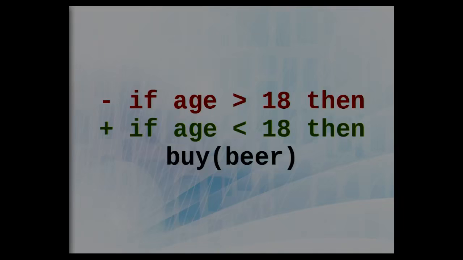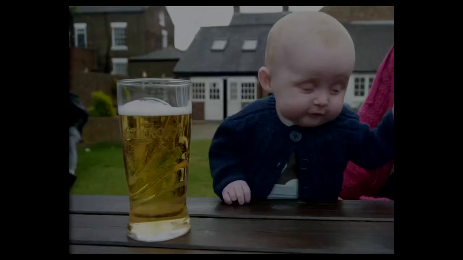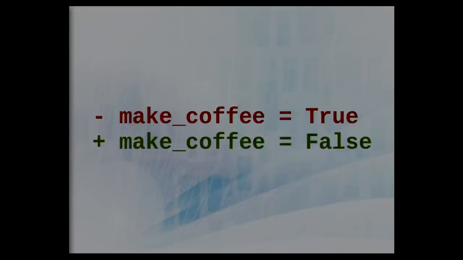If you apply this mutation to your code and read it, it becomes: if age is less than 18, then buy beer. Now imagine that you are an online store and suddenly you start doing this, selling beer to small children. This is not good.